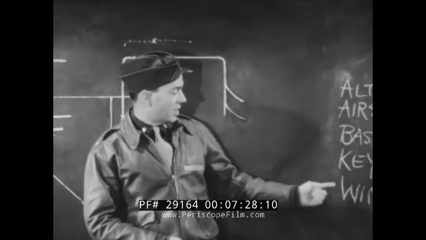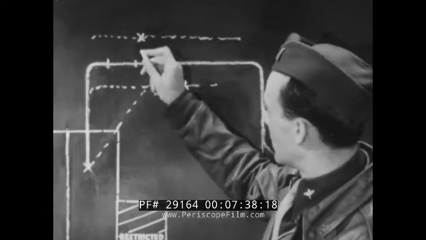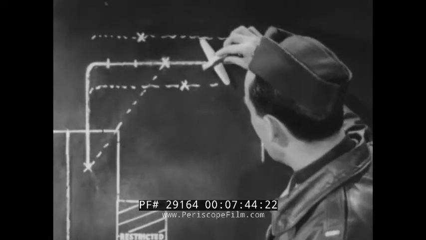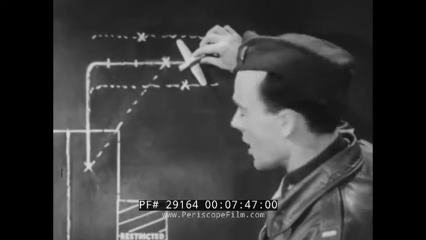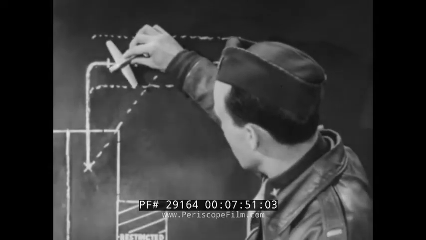Now, the last factor, wind, is something over which we have no control. But the pilot can allow for the effect of wind. And we've already seen that wind affects the position of the base leg and the key point. But in addition, the pilot must crab on his base leg so that his track over the ground is 90 degrees to the landing leg.